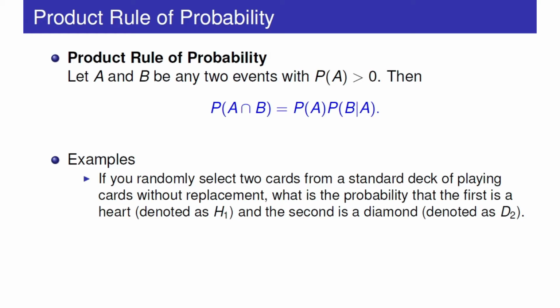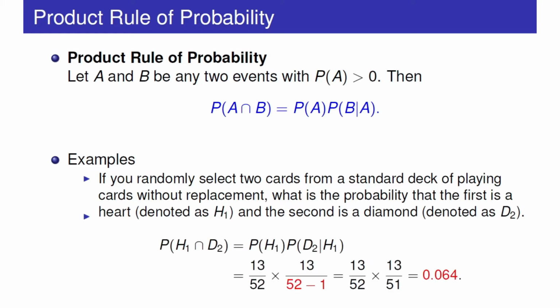So in order to find the probability of one event and another event, we can use the product rule. So the probability of H1 intersect D2 equals, using the product rule, the probability of H1 times the conditional probability of D2, given that the first is a heart.